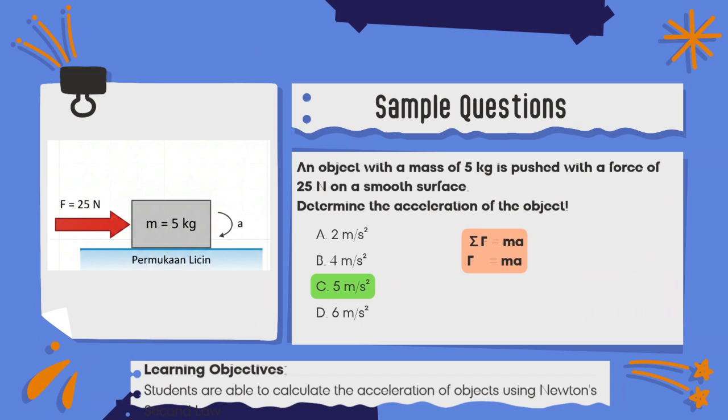The result is 5 meters per second squared. Therefore, the acceleration of the object is 5 meters per second squared. The learning objective on this slide is that students are able to calculate the acceleration of an object using Newton's second law.